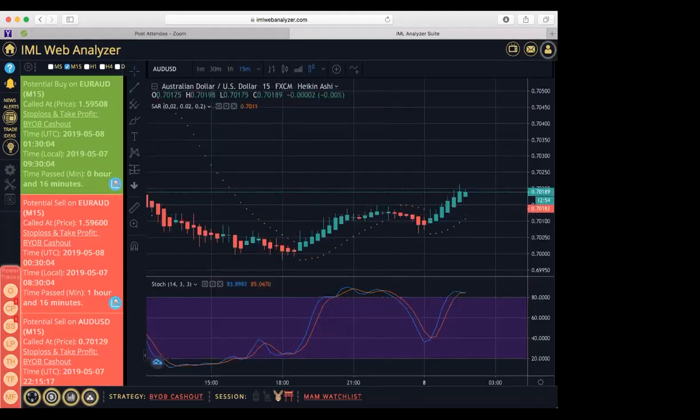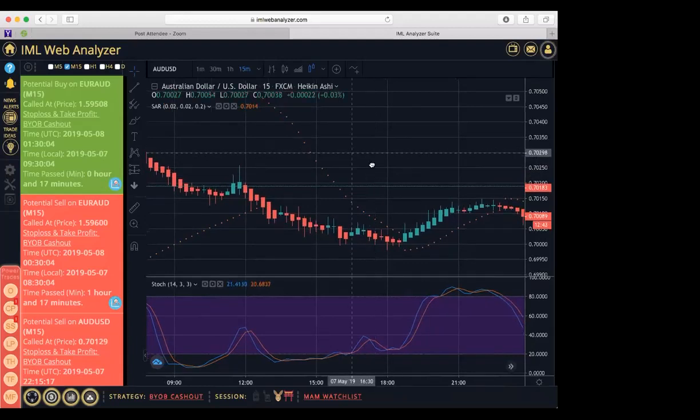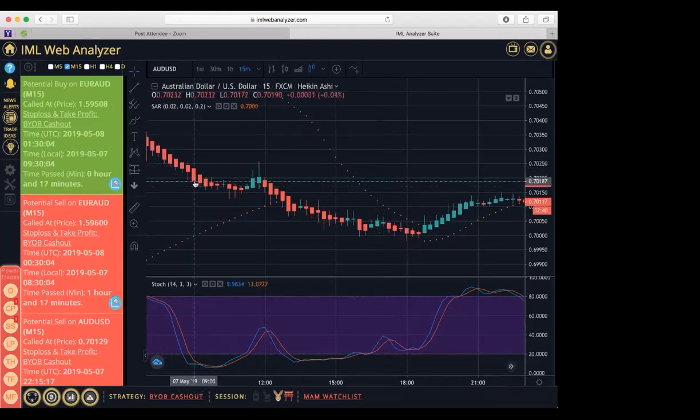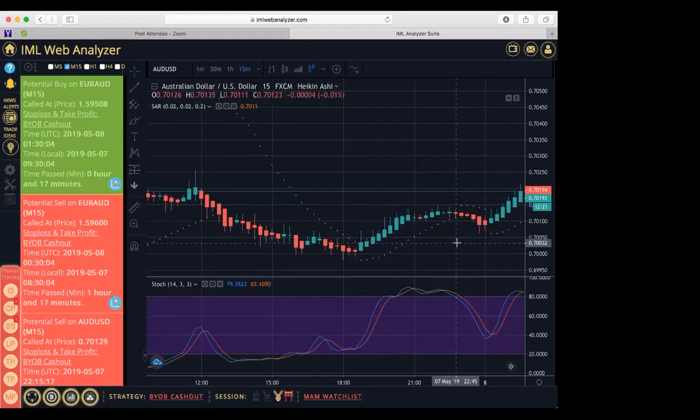Okay, here we go. So if you can see, I just changed it. And when I changed it, everything pulled up. So I have my Heikin Ashi candles, I have my SAR, and I have my Stochastic. Now, you can either go 10 pips and get out 10 pips, and that's it. While you're learning the strategy, before you start trying to take greater profit, my recommendation is do your 10 pips.